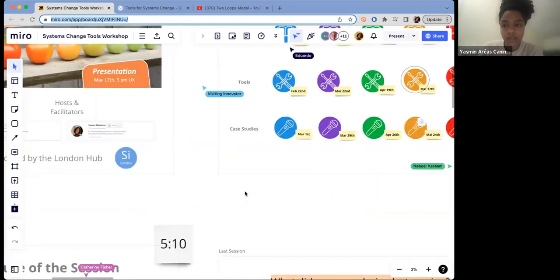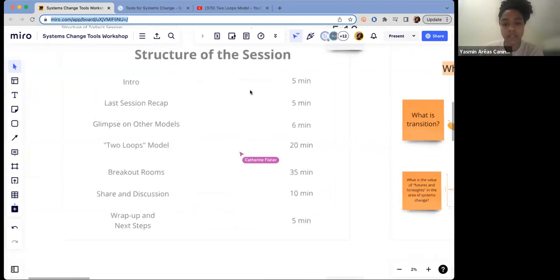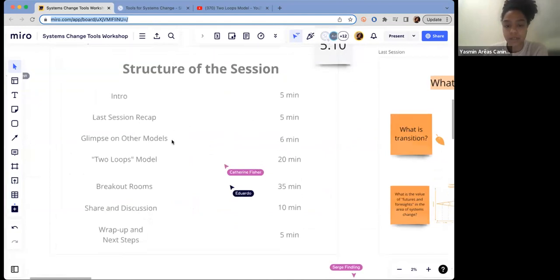Here's a brief overview of what we're going to cover today. A bit of this introduction, then I'm going to share with you, for the ones that couldn't come, what we covered in our last session last week. Then just a little glimpse of the other modules. We're not going to go too deep into those today. We're just going to practice one, but it's good for you to know some other modules that we have available on the Systems Innovation Network as well.